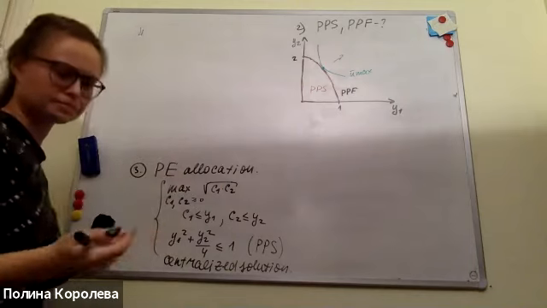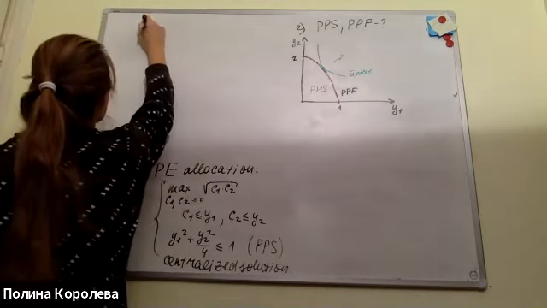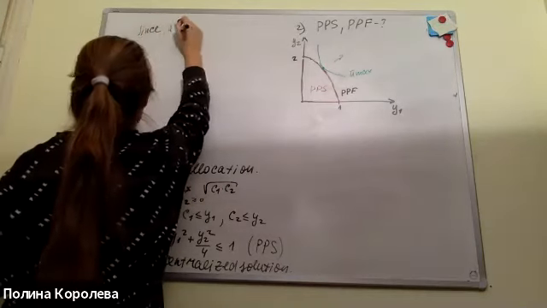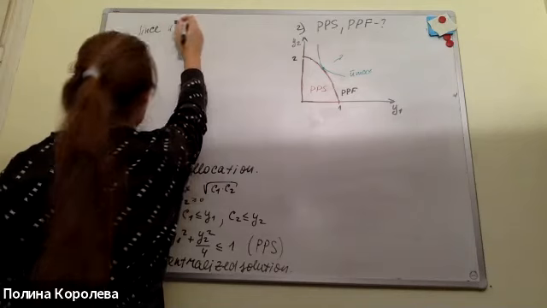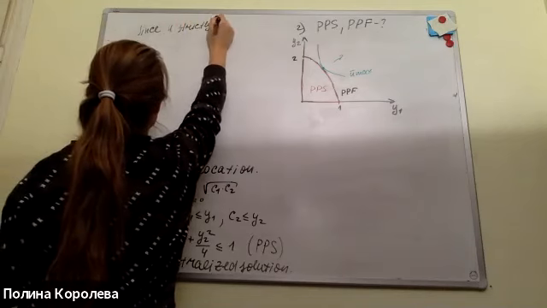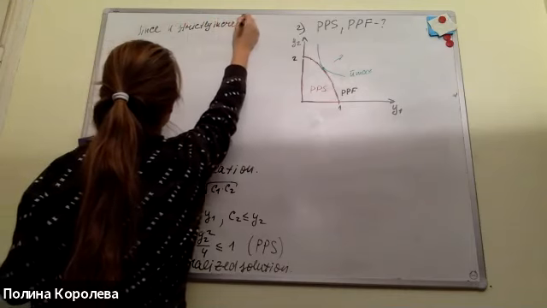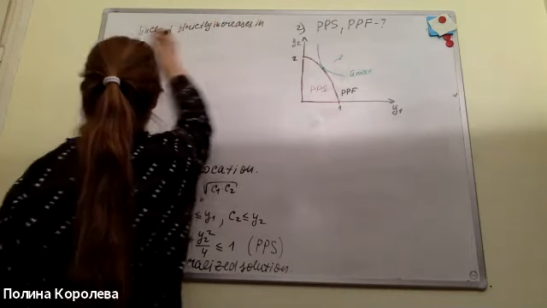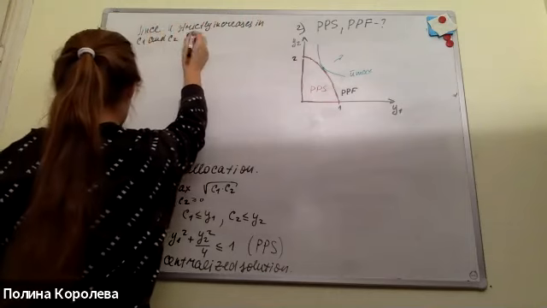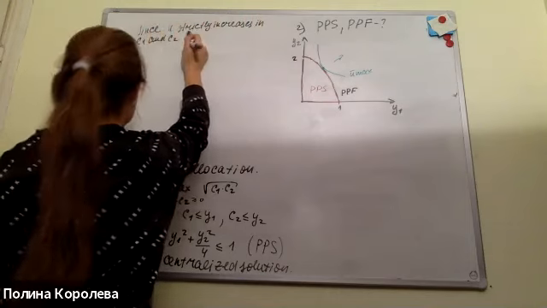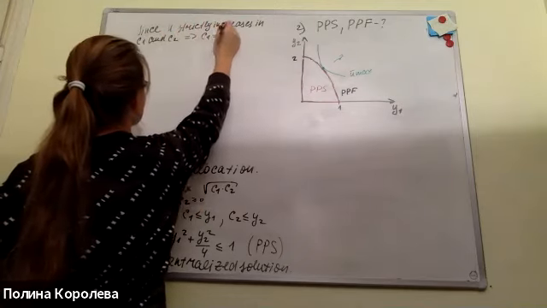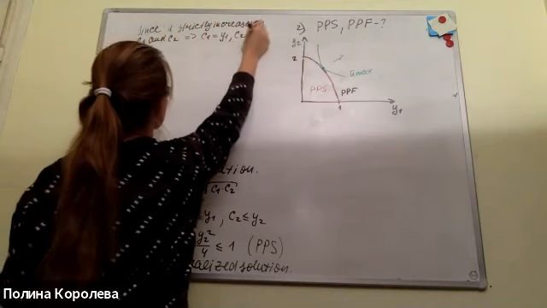Since utility strictly increases in C1 and C2, the first two constraints must hold as equalities. That means C1 should be equal to Y1 and C2 equal to Y2.